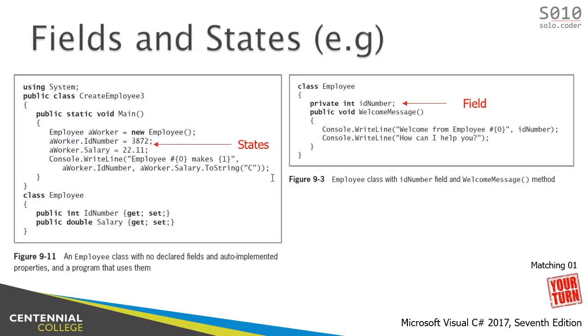A few definitions here. As we have said already, this is a field. By the way, this is one example, and this class Employee is just an alternative to this Employee here. I'm not implying that both codes will be in the same project, okay? This is just showing an example of fields, and this one is a field.